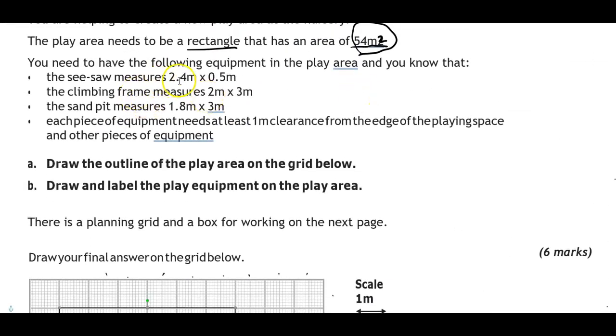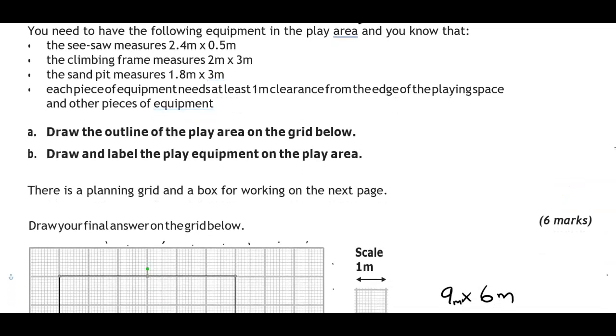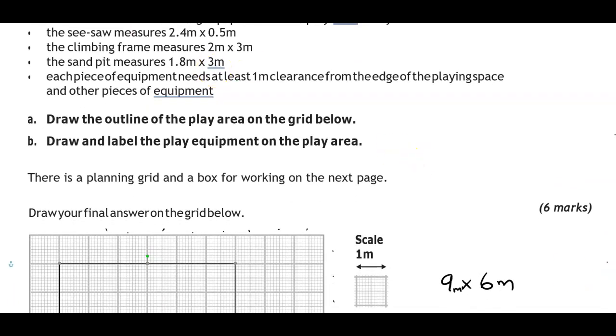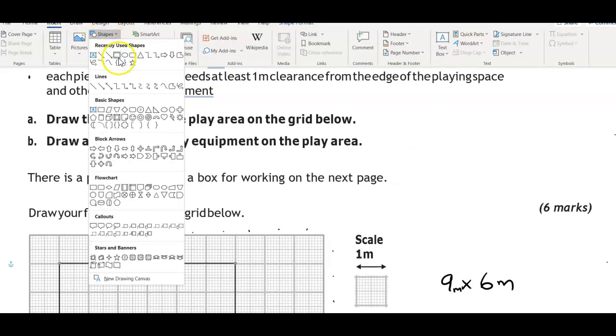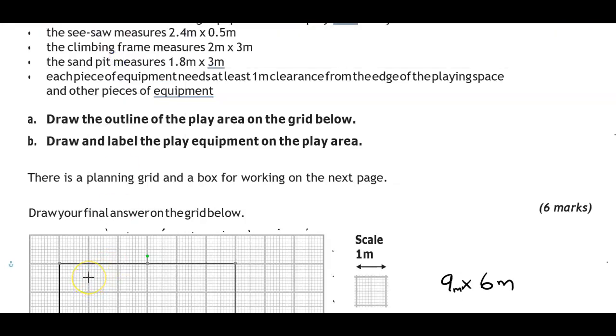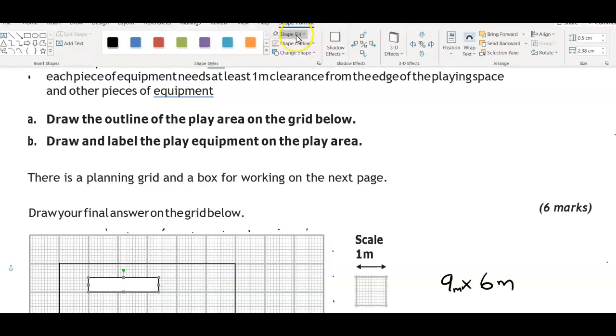The seesaw, 2.4 by 0.5. So there we are, 2.4 by 0.5.